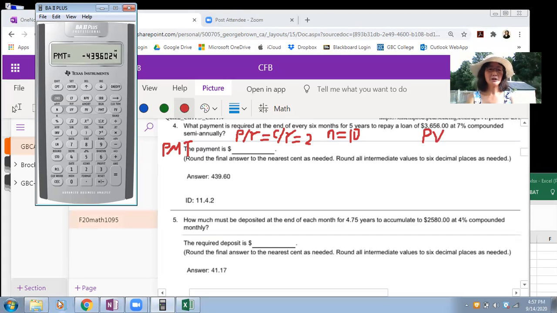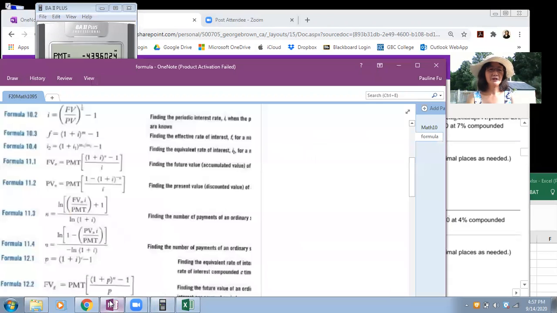And what is the formula method? For the formula method, you need to use this formula here. Okay.